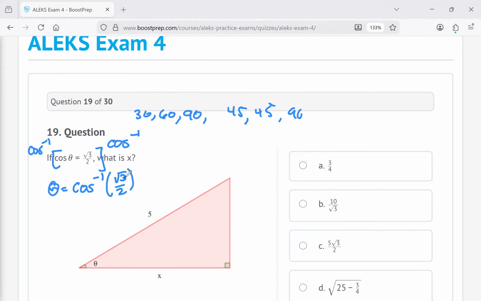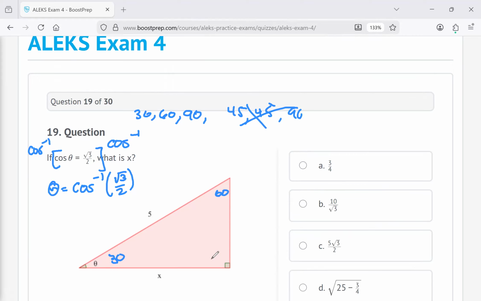If you put that in the calculator, that gives us 30 degrees. So this theta here is 30, and then this angle here is 60, because this is a special triangle. It's a 30, 60, 90, not a 45, 45, 90.